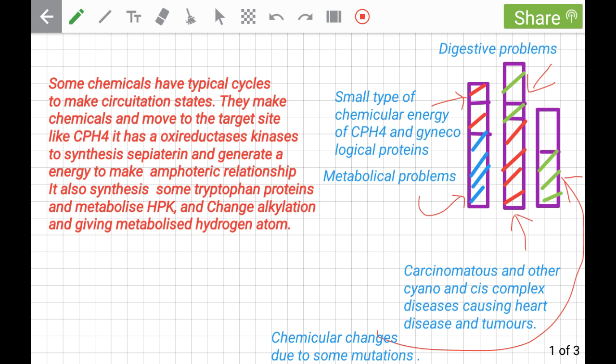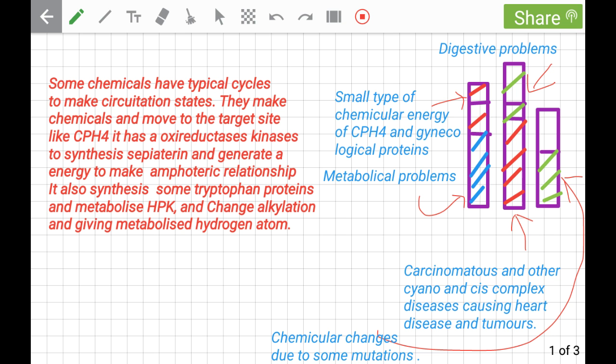applications of PAR proteins and lipids. They make a cycle of it to replenish and to renew the components. So they make chemicals and move to the target site, like CPH4.